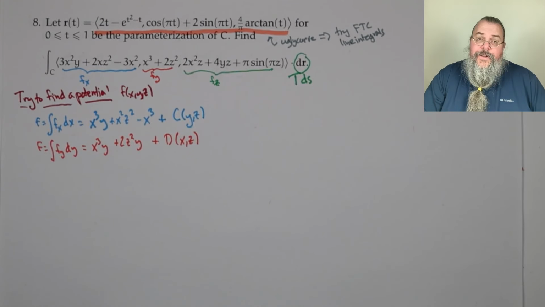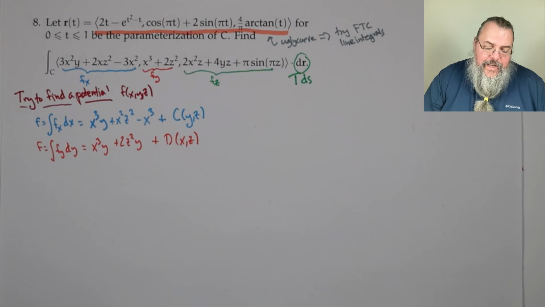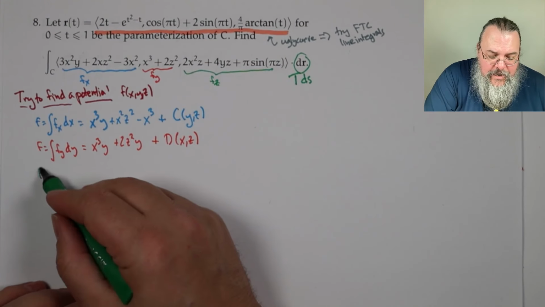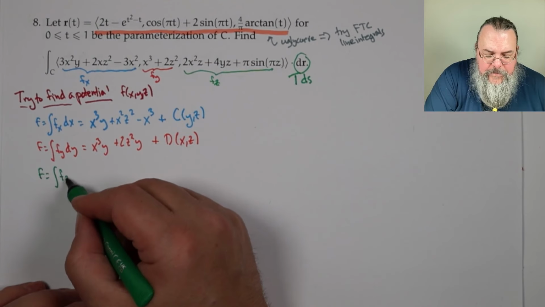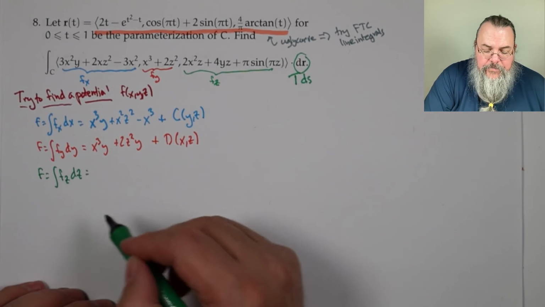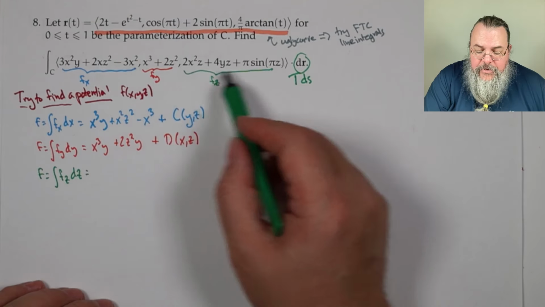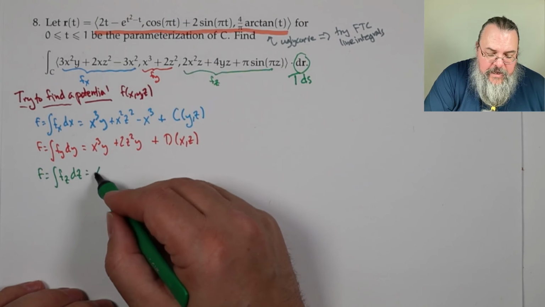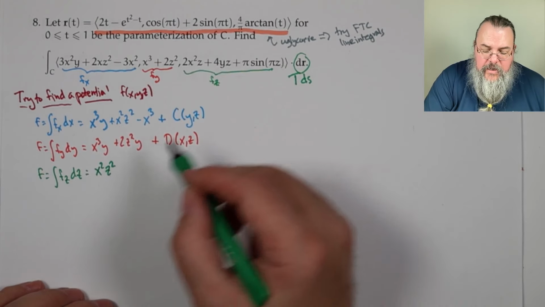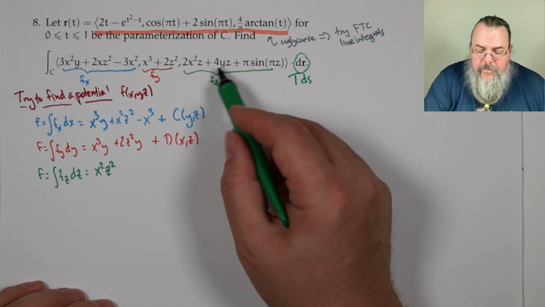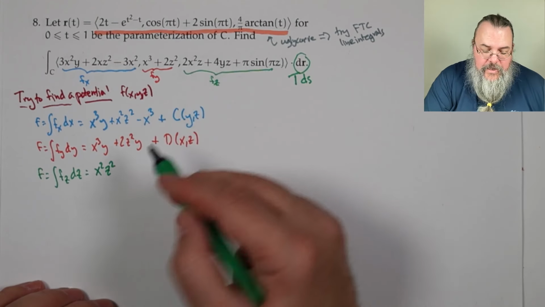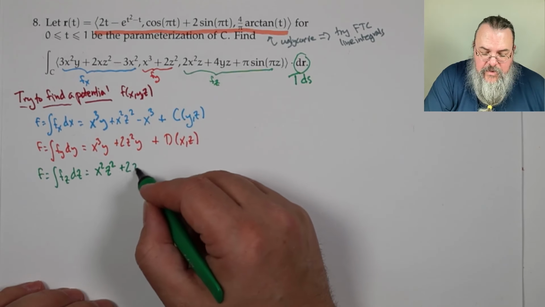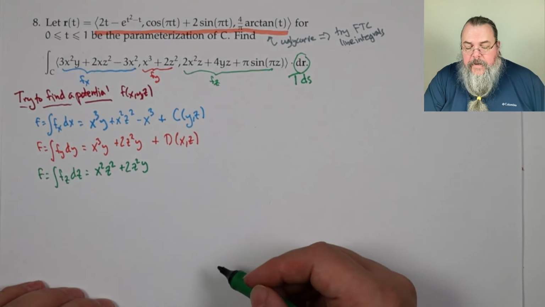And then we go to our last one. So, okay, our f sub z. So f is the integral of f sub z dz. So integrate with respect to z. Integral of 2z is z squared, so that would make an x squared z squared. Integral of 4z is 2z squared, so that would give us a 2z squared y.